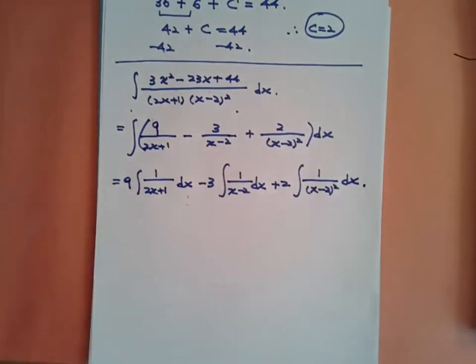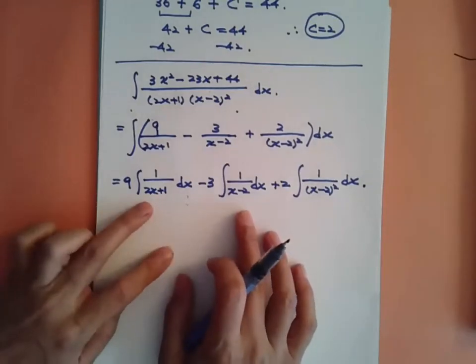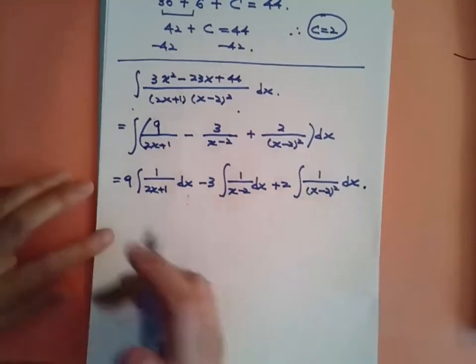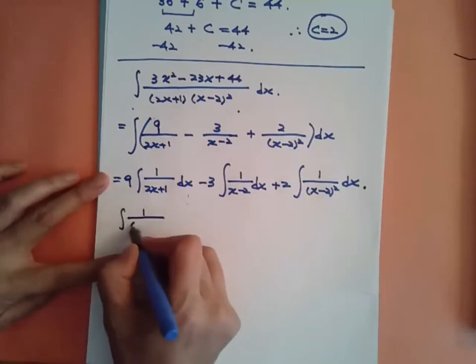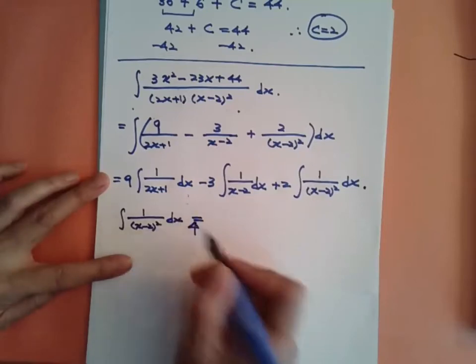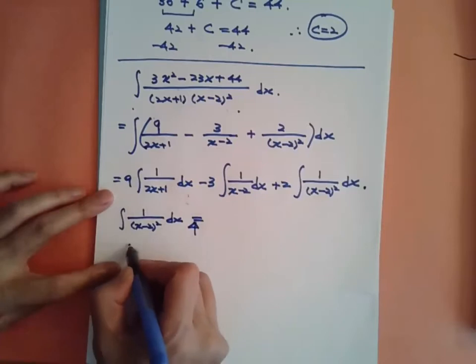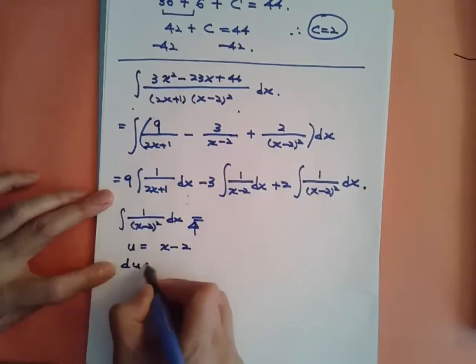What you can notice here is the first two can use natural log, but the third one cannot. So for the third one, we will use the substitution method to solve the problem. We think about u equals x minus 2, and then du equals dx.